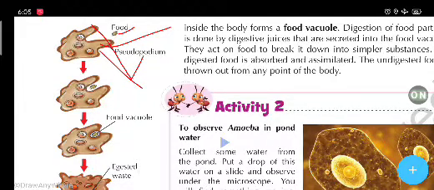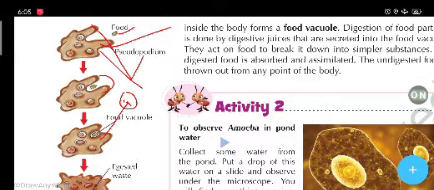When food comes in the path of the amoeba, with the help of pseudopodia it engulfs the food. Here we can see the process of engulfing and ingestion in this amoeba, and it engulfs the food along with water droplets.